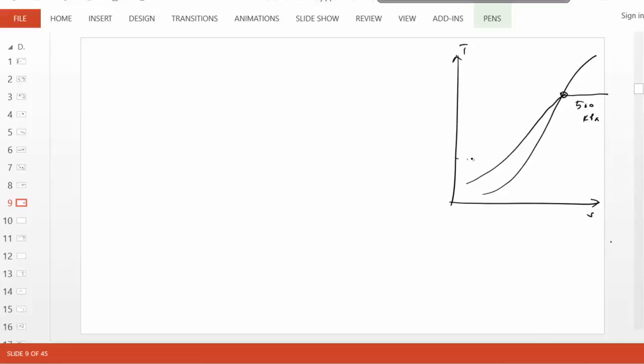Let's say this is our 30 degrees Celsius line, and this is our state. Maybe I should have drawn that in red color, then it would be a little easier to understand which is which. So this is my dome.